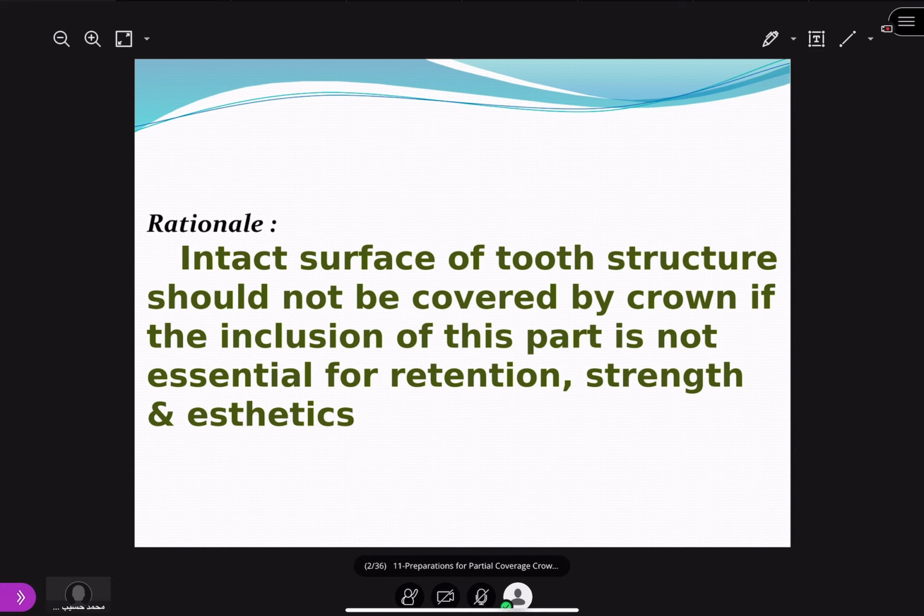But in some clinical cases, like in the reverse 3/4 crown, we do not include the palatal or the lingual surface, and we will include the buccal surface. But in more than 90% of cases, we will not include the buccal or the labial surface for aesthetic reasons.